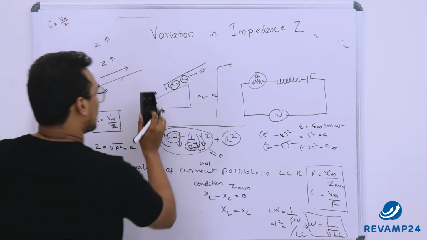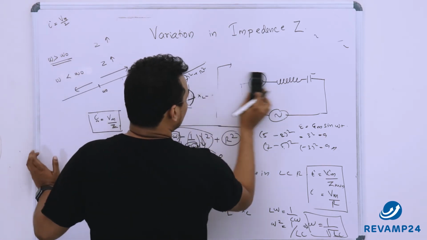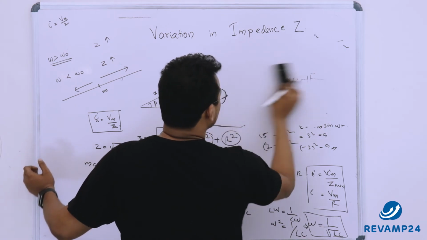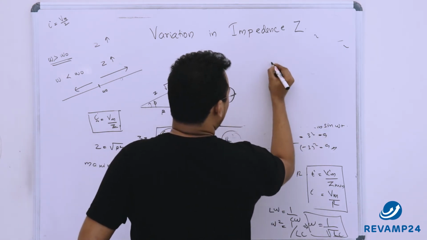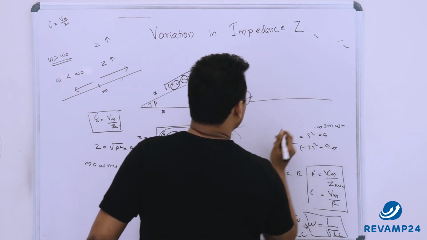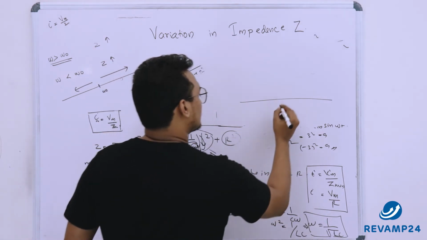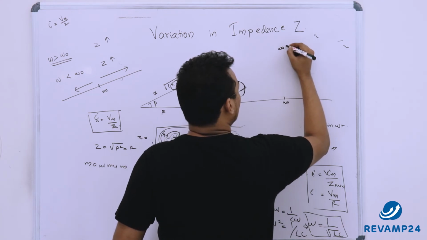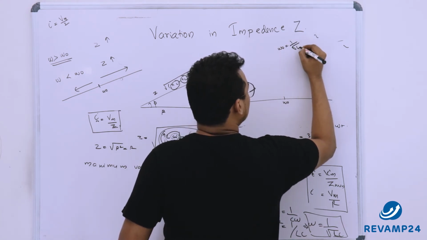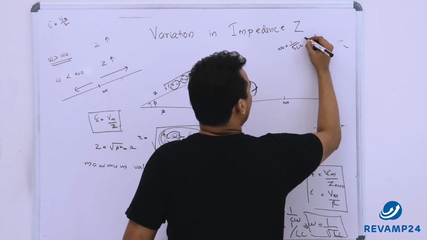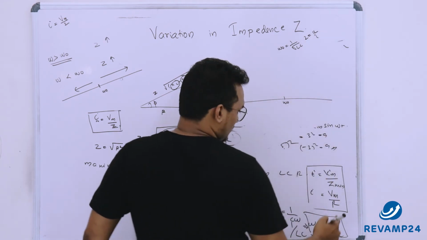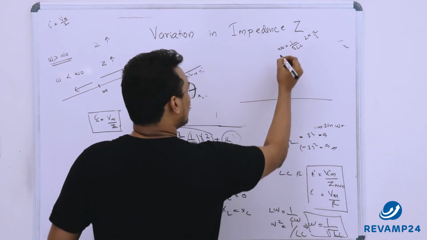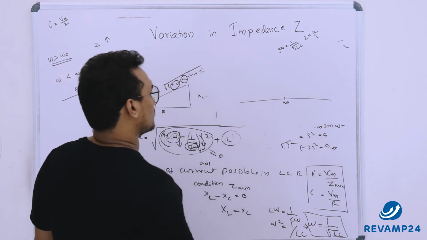Now if I am plotting it on a graph, I have an xy axis. Let's say this is omega 0. At omega 0, the natural frequency, omega 0 is equal to 1 by root LC, and at that position Z is equal to R, and that would be the maximum value of current possible.